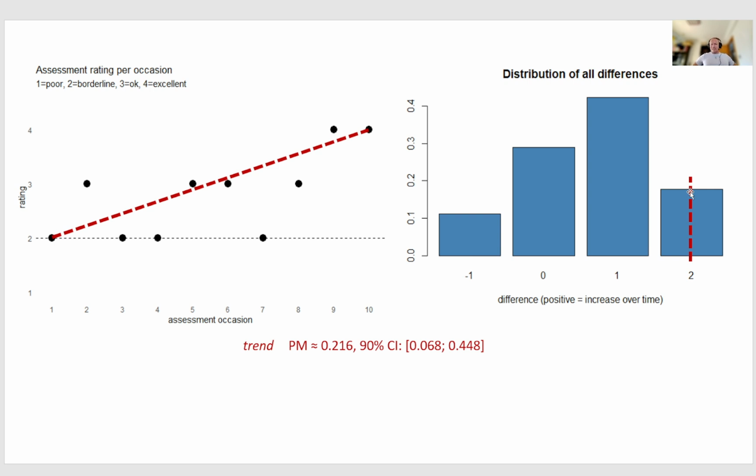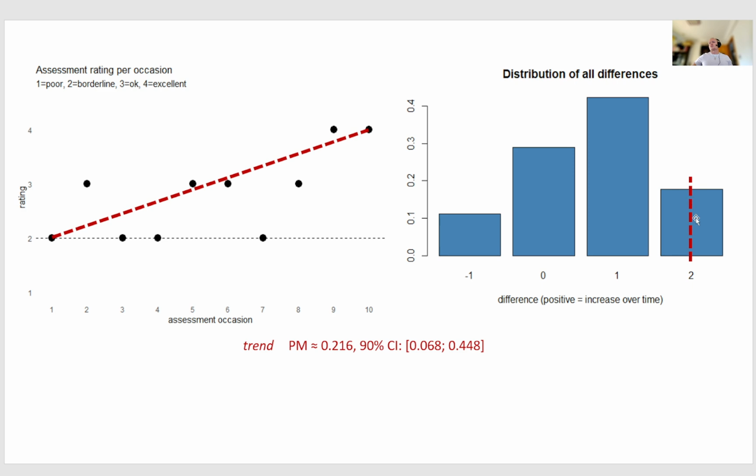What is the chance that we find at least that difference, either upward or downward? So at least 2 ranks of difference, or further away from 0. That means anything of 2 or further to the right, or anything minus 2 or further to the left. Well, that surface is 0, because there are no minus 2 or minus 3 differences, for instance.